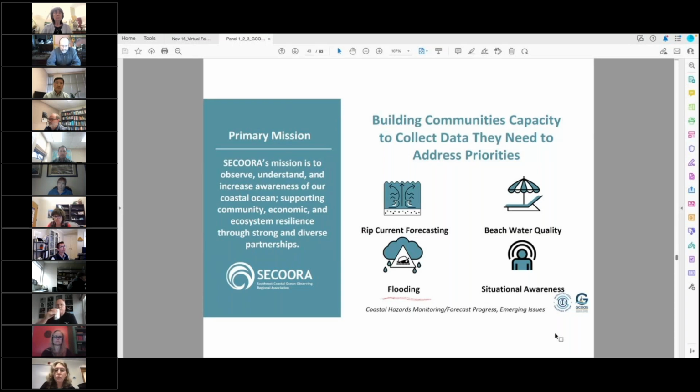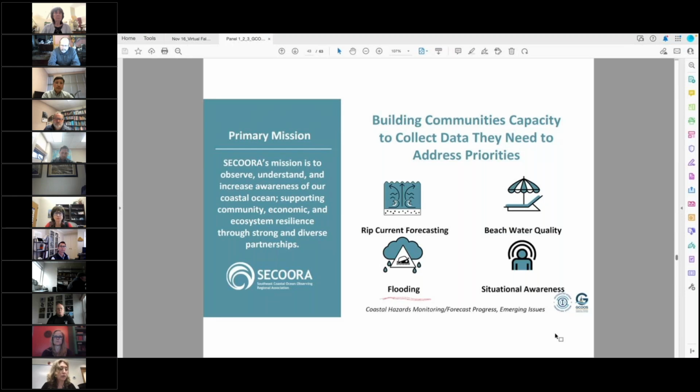But from a strategic perspective, the coastal hazards that we're actively developing both observing systems and products for are rip currents. We're partnering with NOAA to use cameras to help both provide situational awareness and to help validate and improve their modeling. Also beach water quality, and GCOOS does a lot of this work as well.